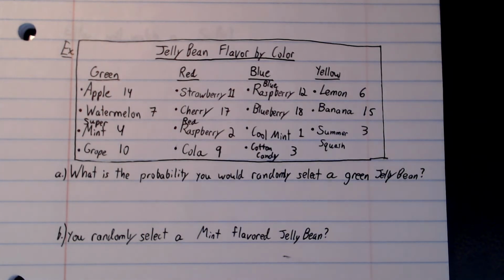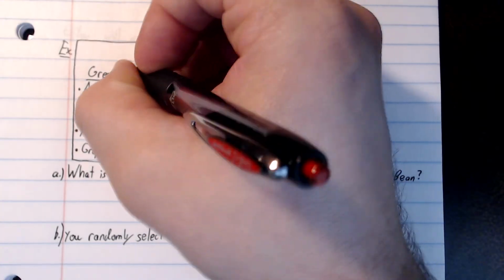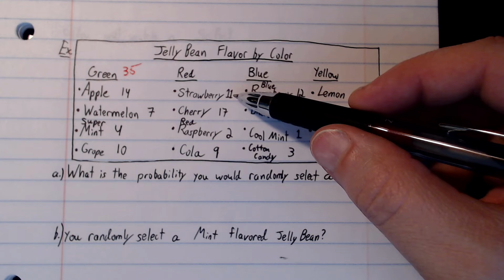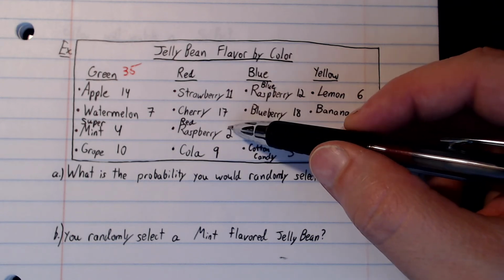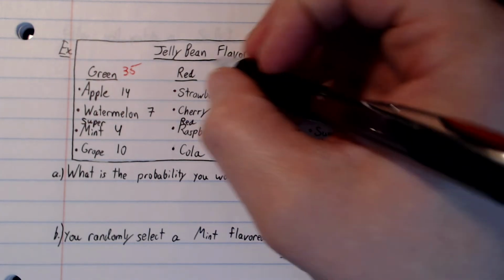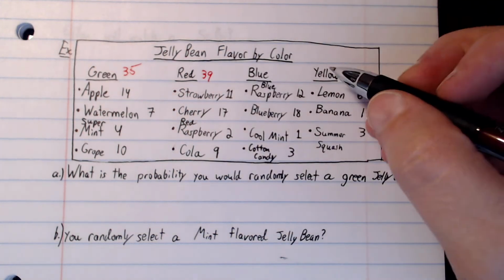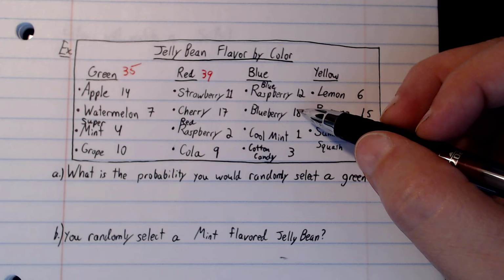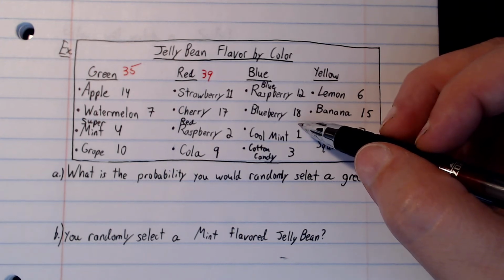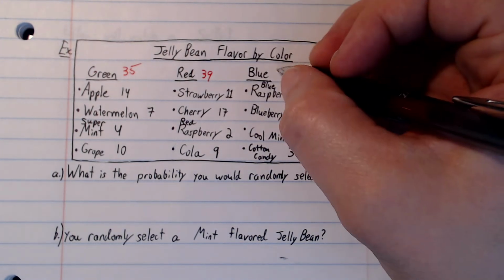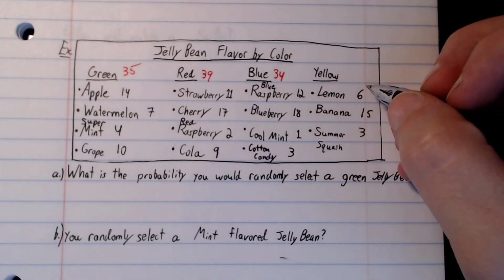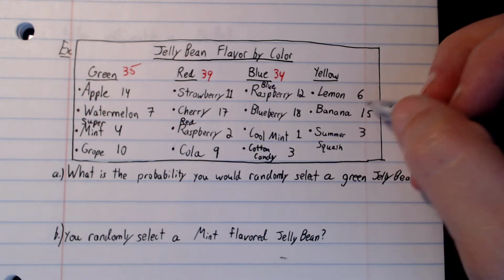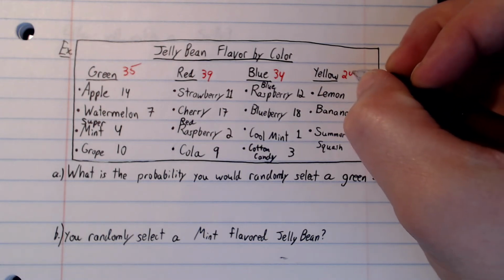So you got 35 green candies. Here, 11 plus 17 plus 2 plus 9, 39 red jelly beans. You got 12, 18, 1, and 3, so 34 blues, and then finally 6 plus 15 plus 3, only 24 yellows.